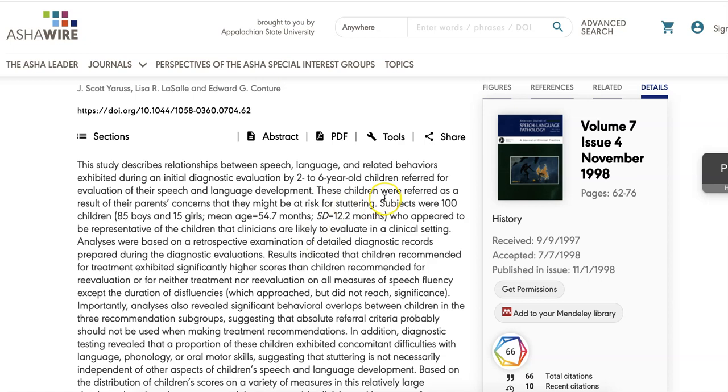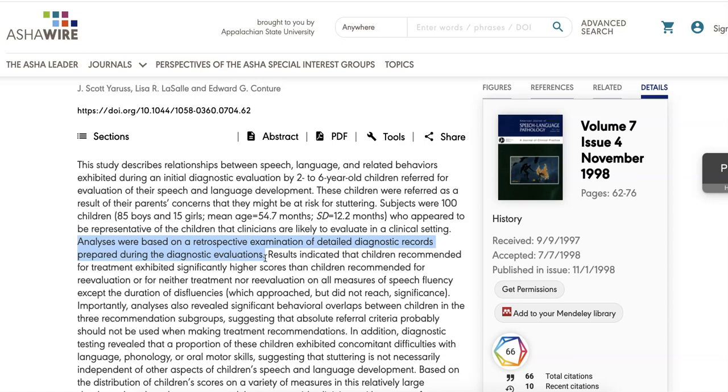Subjects were 100 children who appeared to be representative of children that clinicians are likely to evaluate. Analyses were based on a retrospective examination of detailed diagnostic records prepared during the diagnostic evaluation. They're looking at moments of stuttering and speech, counts, language, related behaviors. They can't go back and watch the videos because there are no videos. There's only what was done during those evaluations.